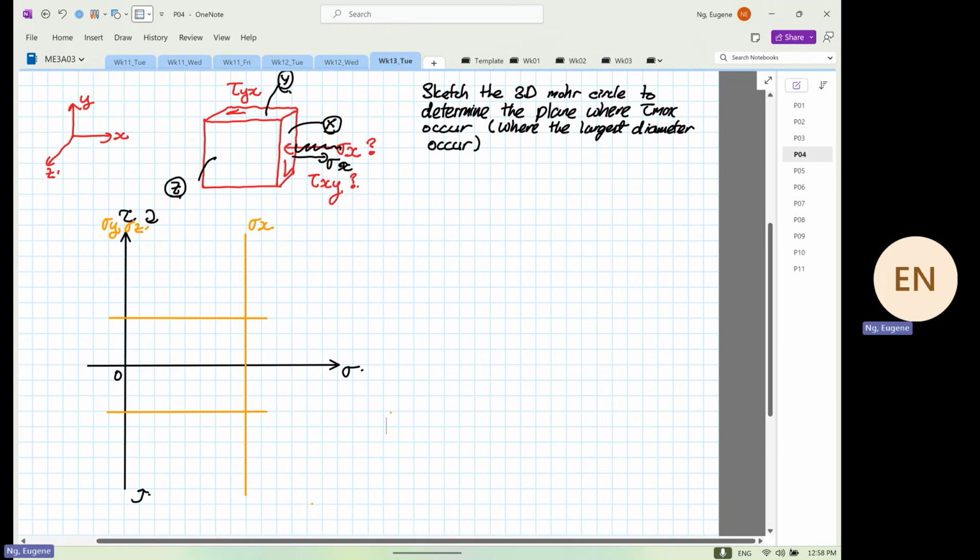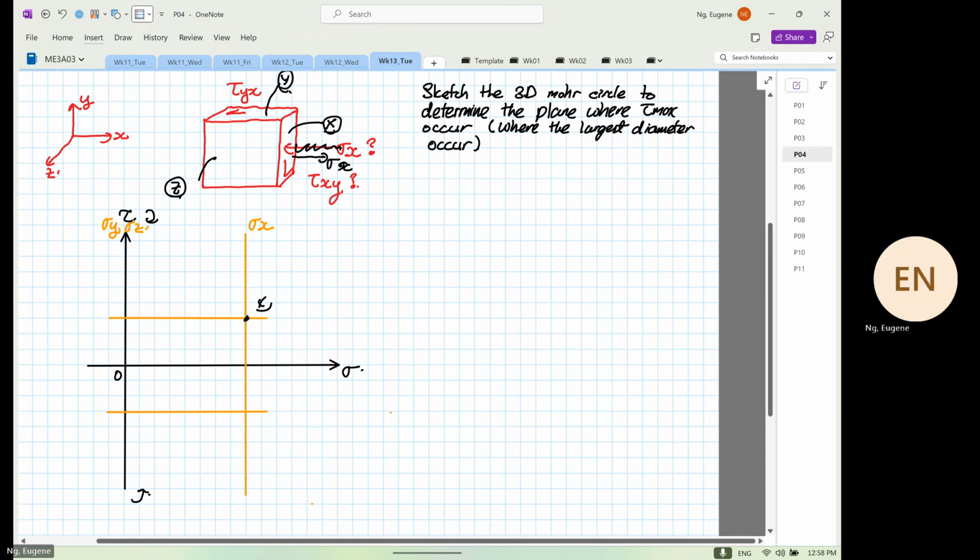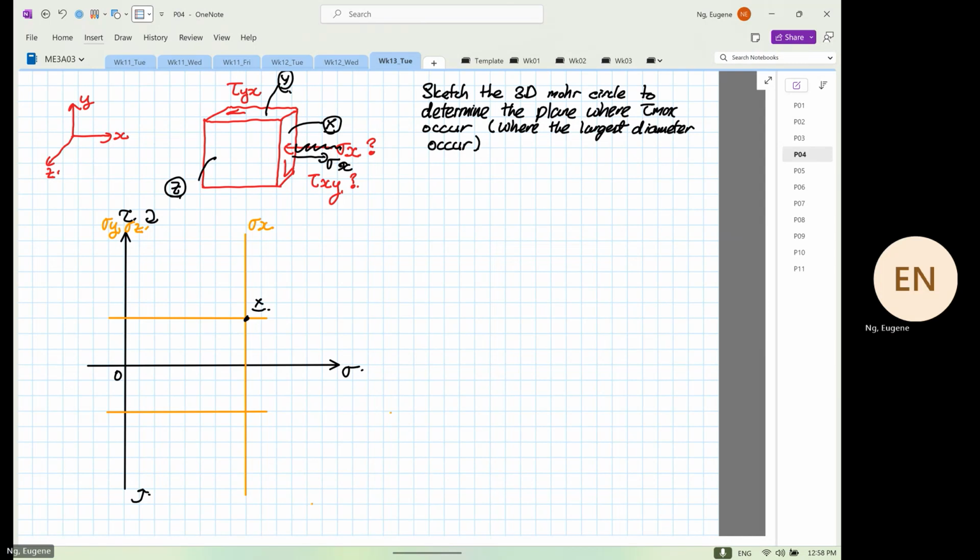So at point X, element rotate clockwise. This is our point X. Over here, this is our point Y. And point Z, everything has 0.